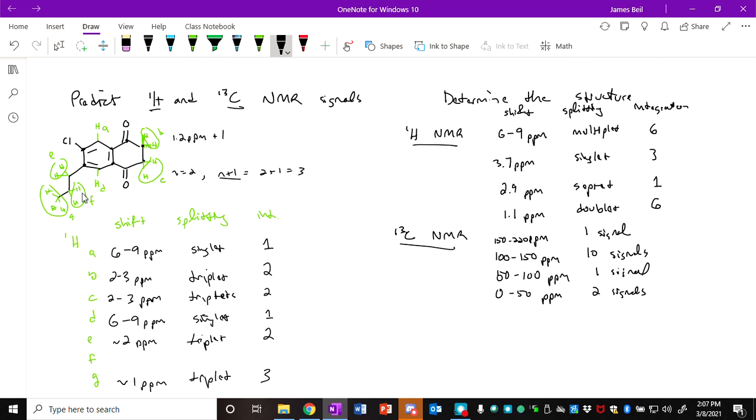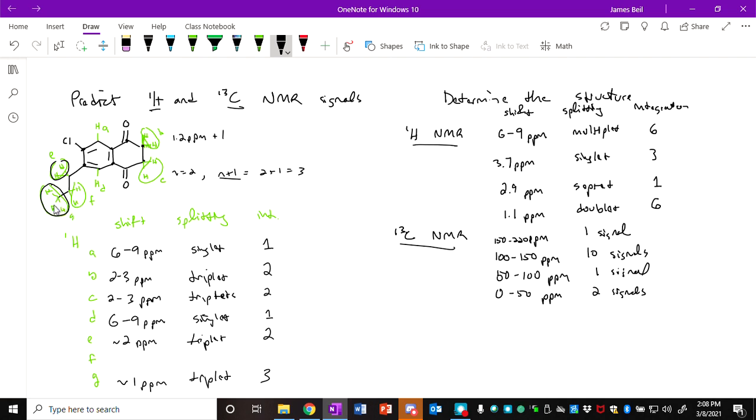So hydrogen F is trickier because it's being split by both E and G. There are 2 hydrogens of type E and 3 of type G. It's possible that all 5 of those would be splitting F with the same coupling constant. If that's true, I'd have a 5 plus 1, a sextet for this splitting pattern.